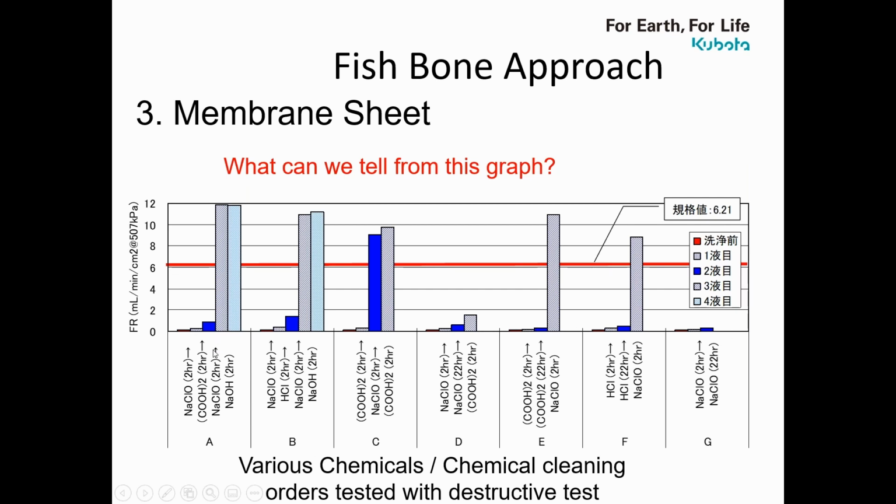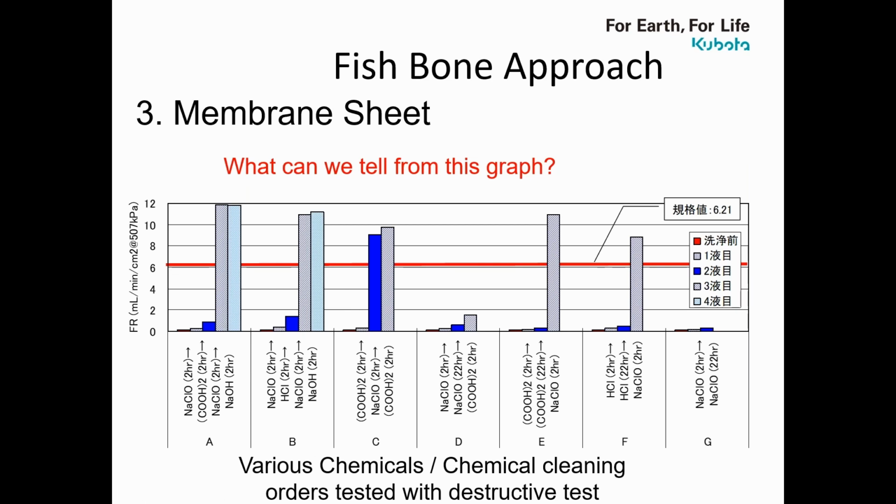So with all this optimization testing, we figured out that the common thing in these tests is that whenever we did acid, and then after that sodium hypochlorite clean, it cleaned, in that order. If we did sodium hypochlorite first and acid second, it did not clean.